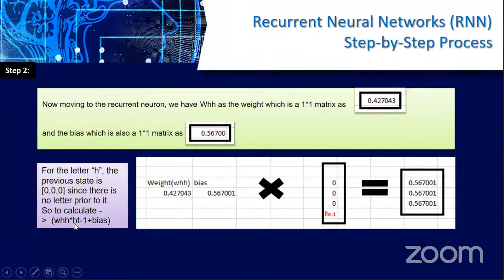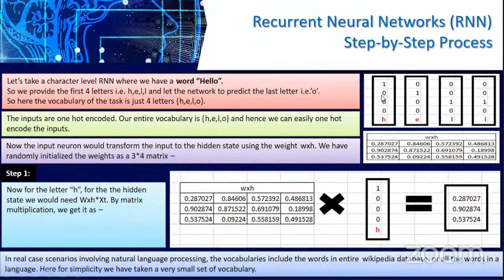Next is h suffix t. So the h suffix t is 0.56700, right? So here, this 0.56700 becomes your bias. Now, the next that we multiply is the sequence of the previous character. As I told you here, the input character is H, but we don't have any previous character at all, right? So naturally it becomes 0.